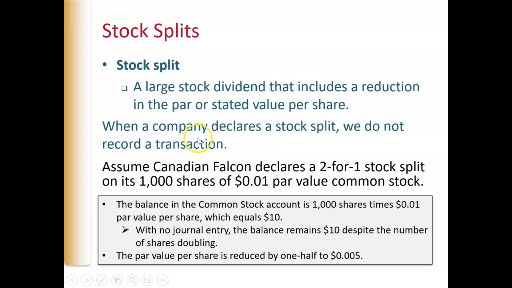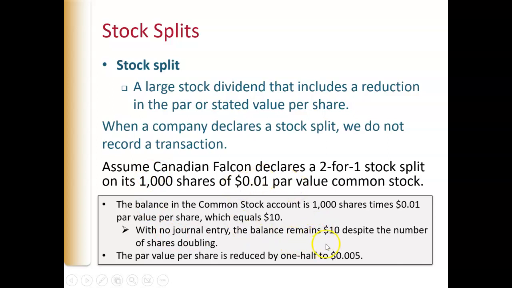When they declare a stock split, in this case, Canadian Falcon declares a 2-for-1 stock split on its 1,000 shares of 1 cent par value common stock. The balance in the common stock account is 1,000 shares times 1 cent, or $10. When they declare a stock split, we don't even record a journal entry.